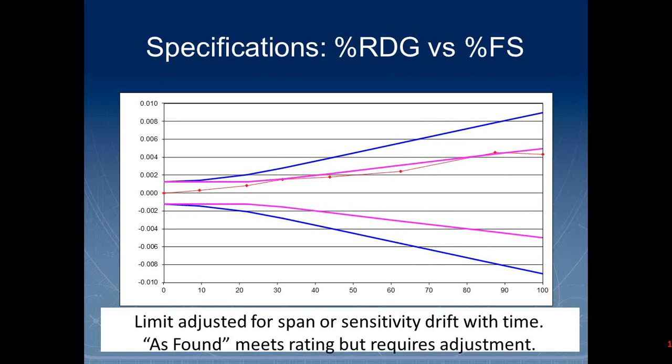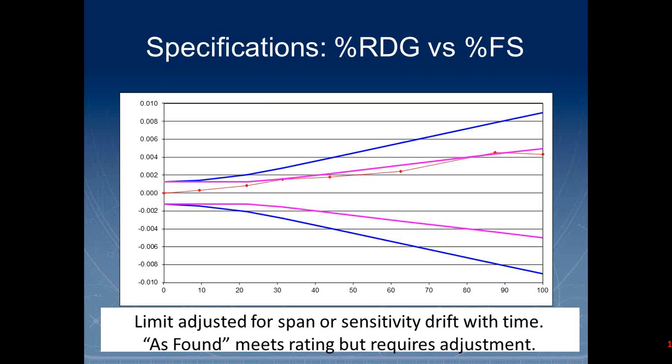All right, so I mentioned earlier that there are basic performance specifications. In this case, that 0.005% of reading kind of number. That number does not include the long-term stability, the drift allowance. When the drift allowance is included, now we have a wider band depicted here in blue.